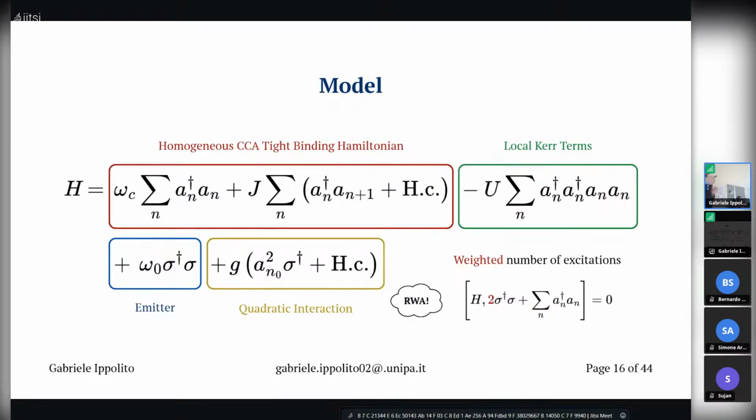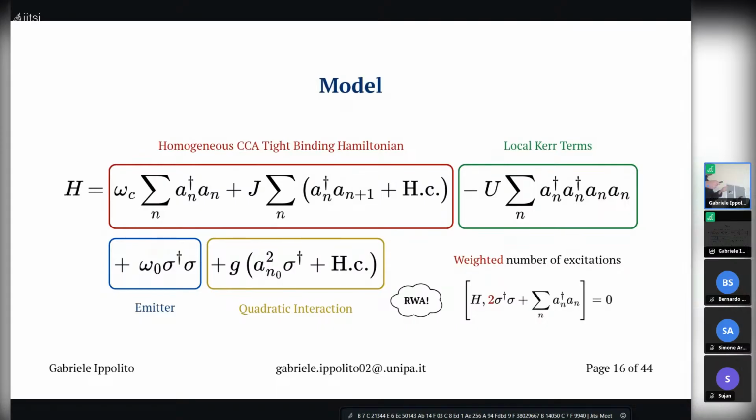And to simplify the analysis, we know that the usual Jaynes-Cummings model is simple to analyze because the Hamiltonian commutes with the number operator, and we can restrict ourselves to the subspace with a fixed number of excitations. In this scenario, we can still do this restriction, because one can show that the Hamiltonian commutes with the operator where we put a 2 in front of the emitter term.